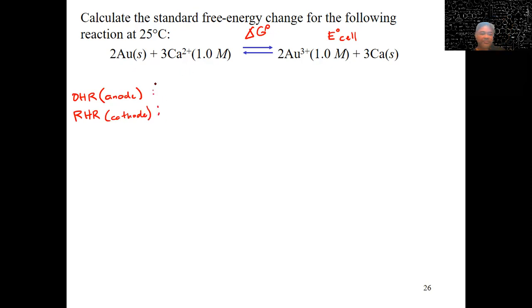So between the two species, gold and calcium, which one is oxidized? Gold, sir. Okay, very good.